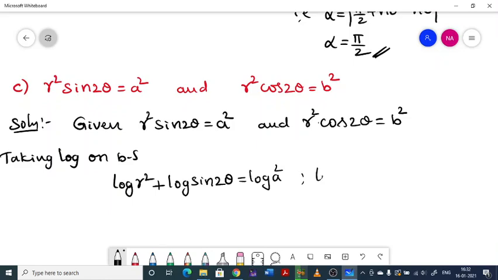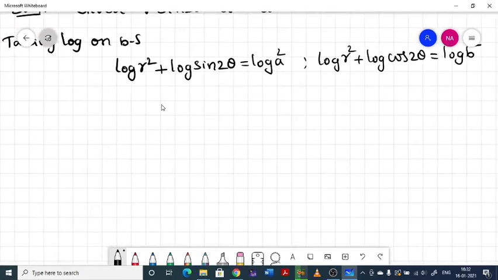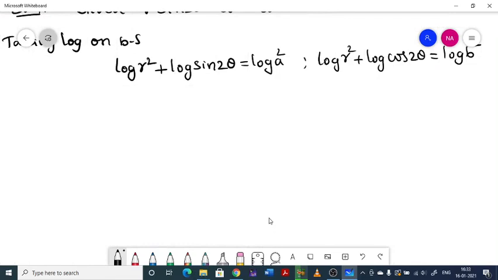Similarly here log r square plus log cos 2 theta equal to log b square. Now differentiating with respect to theta, what do we get?